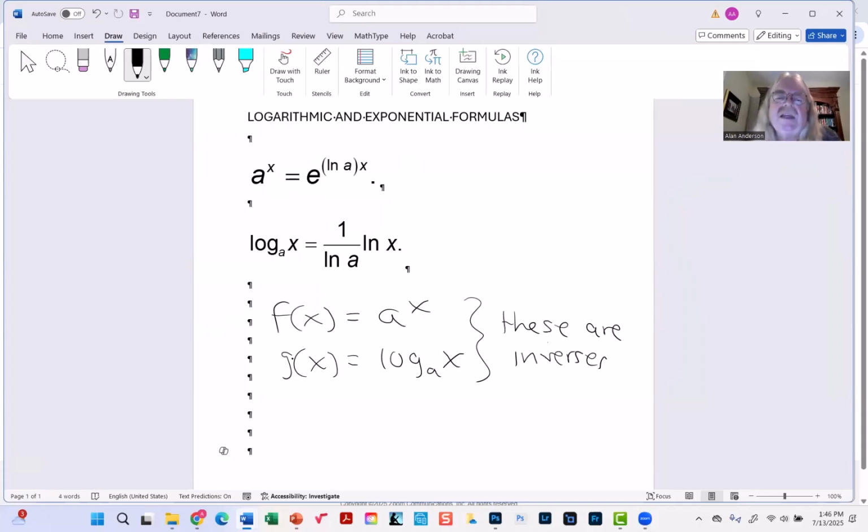Of course, you can see that if I replace the a with an e, you already knew this. e to the x and natural log x are inverses of each other. But the point of this is that it doesn't matter what the base is, it's still the same for every real number.